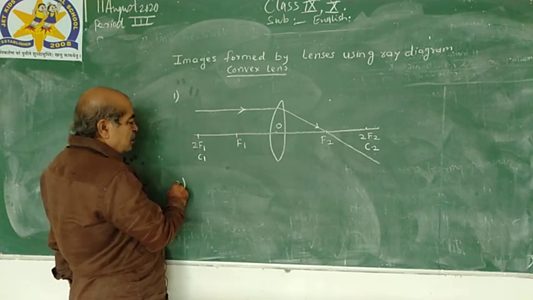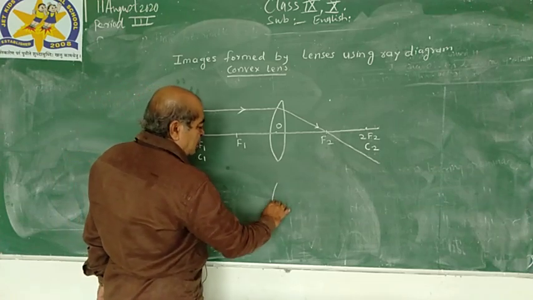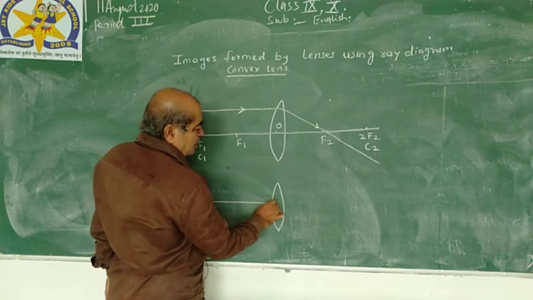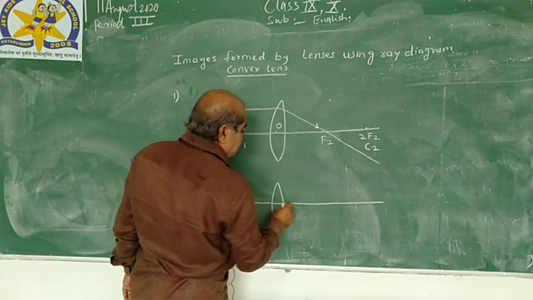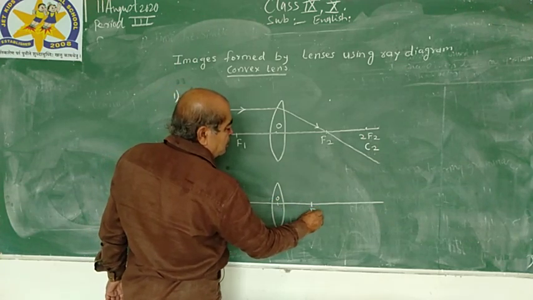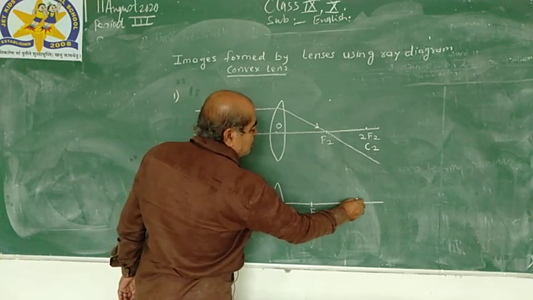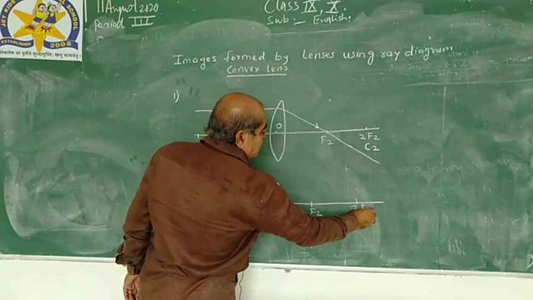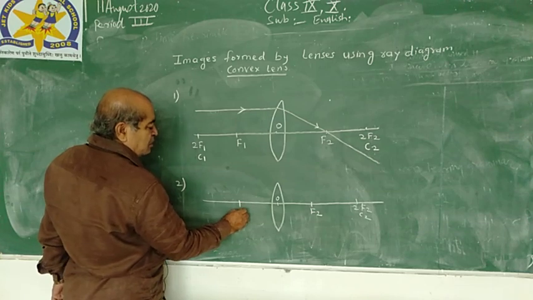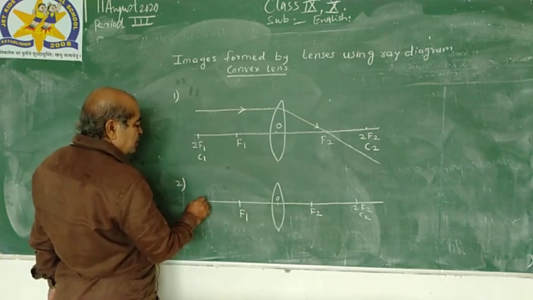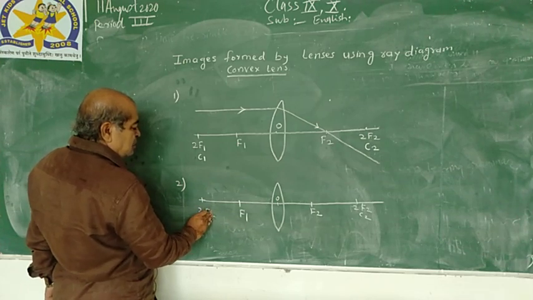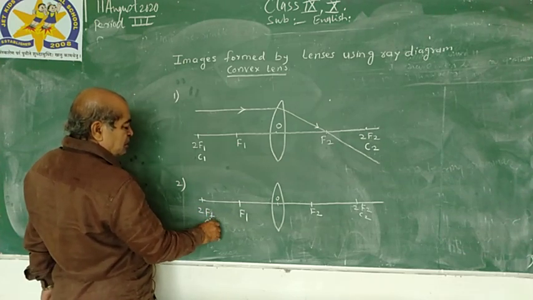Now the second rule is, now again this is then the convex lens, this is then the principal axis, O is the optic center, F2 is the principal focus, C2 is the center of curvature, F1 is the principal focus, and C1 is the center of the curvature.